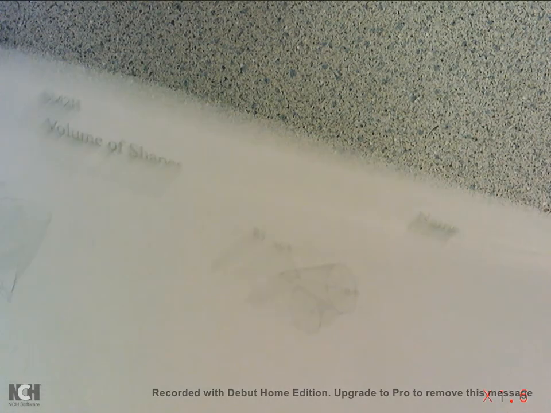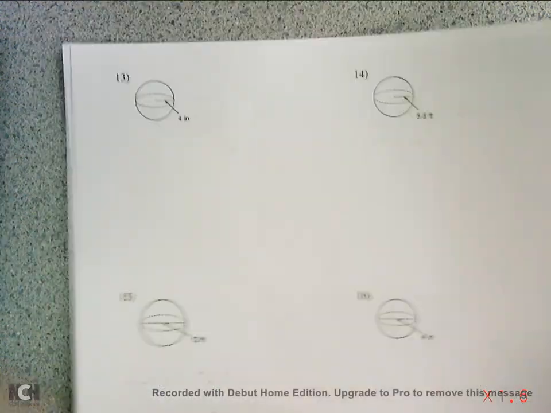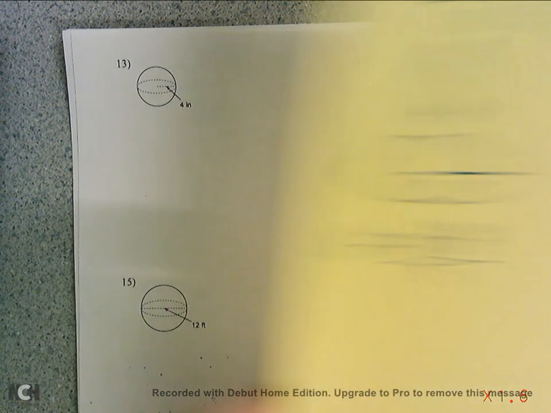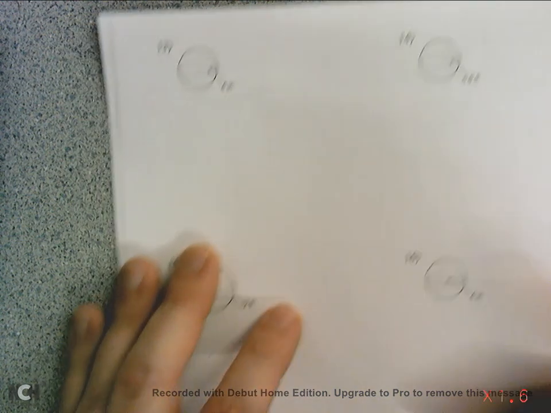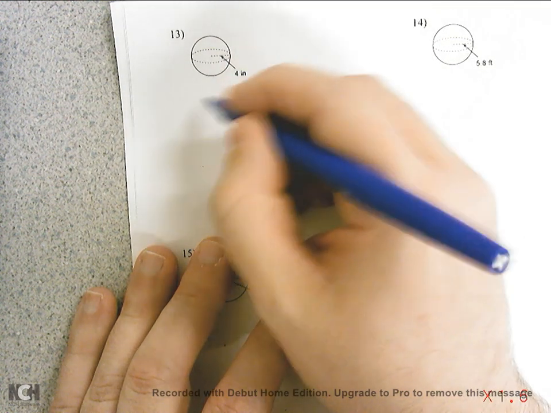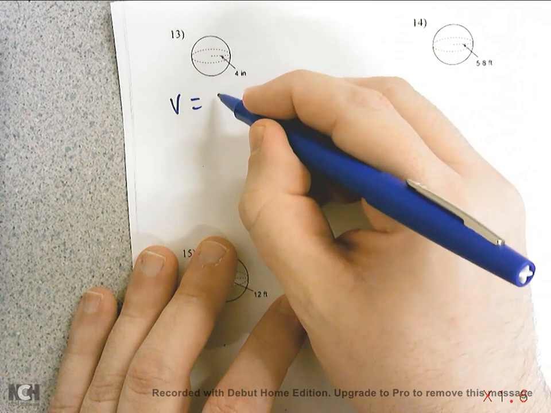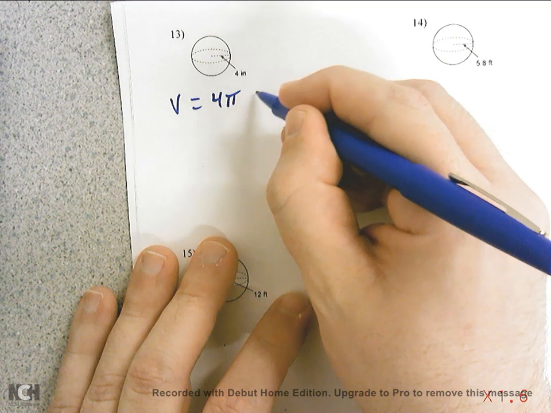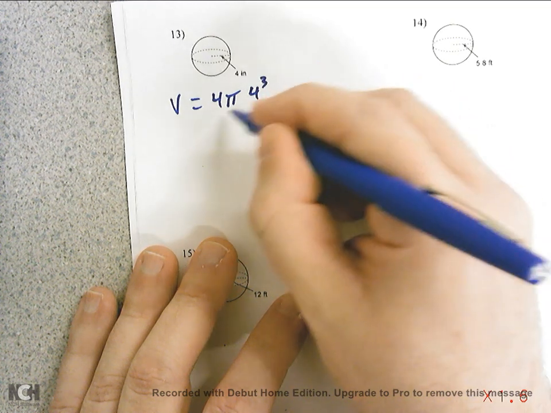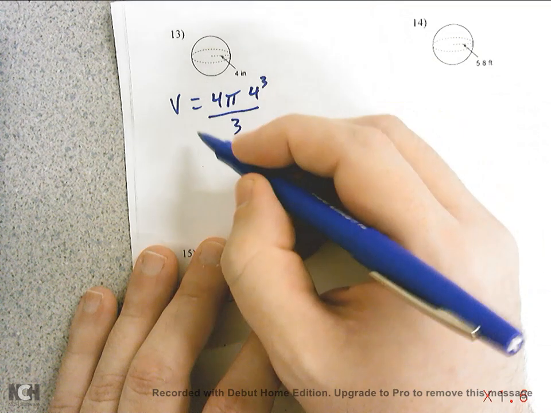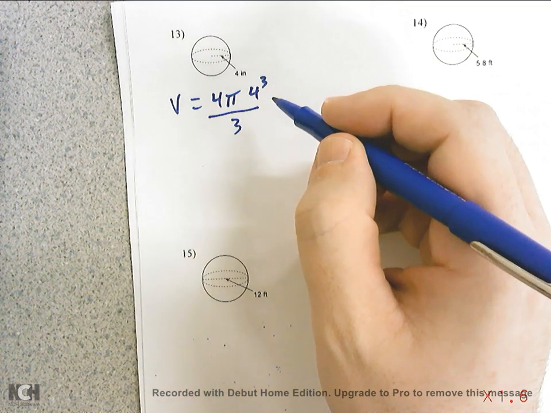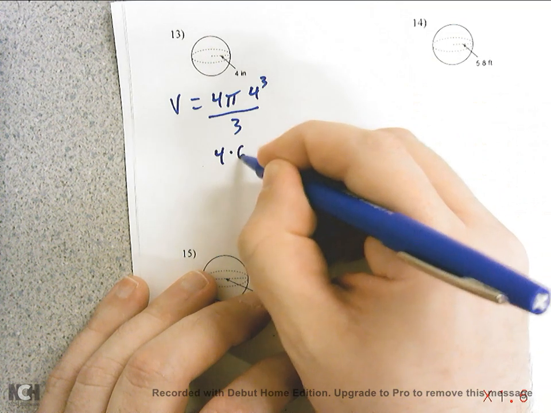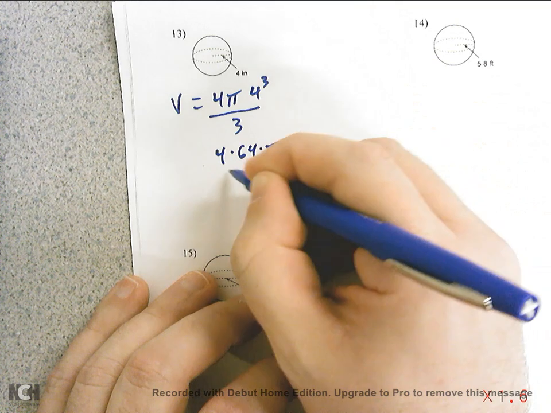Let's do a sphere. The formula for a sphere is 4 over 3 pi r cubed. So I'm going to write it like this: volume equals 4 pi, and then the radius is 4 cubed, all over 3. 4 cubed is 64. So I have 4 times 64 times pi all over 3.